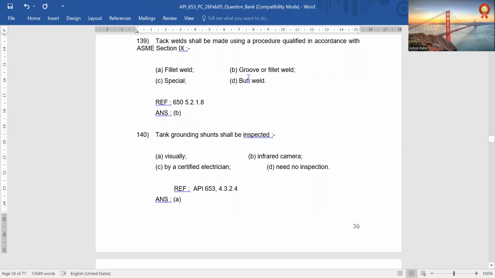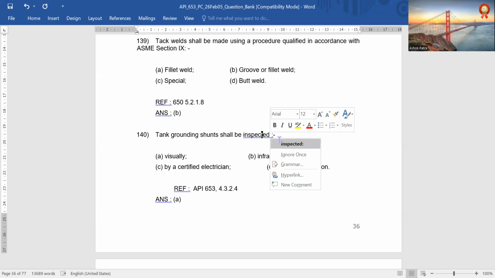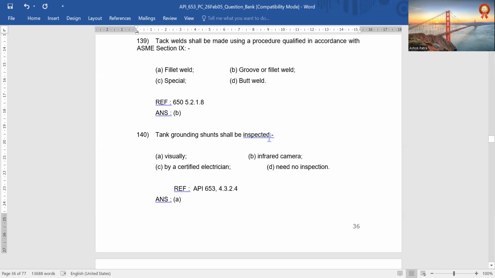Tank welds shall be made using a procedure qualified in accordance with ASME Section 9, a groove or fillet weld. Tank grounding shunts shall be inspected visually.